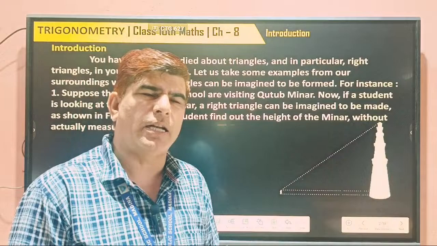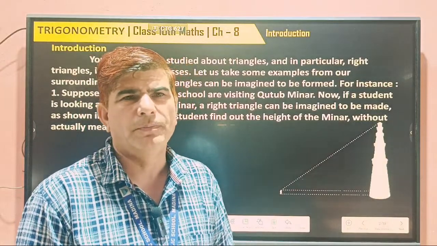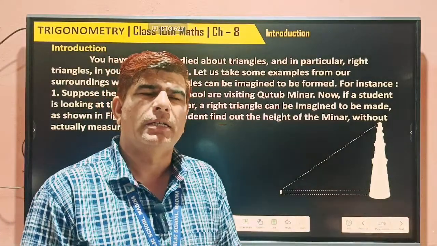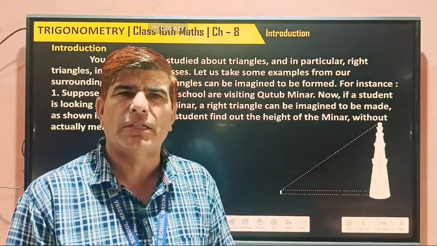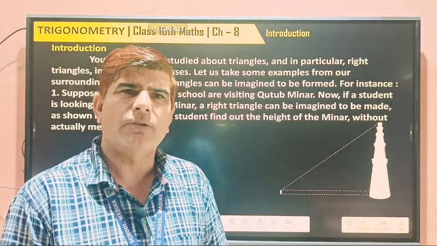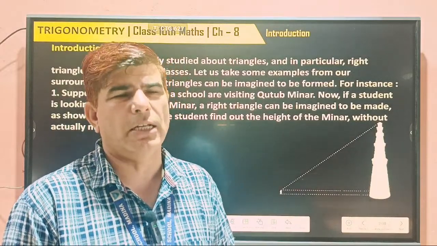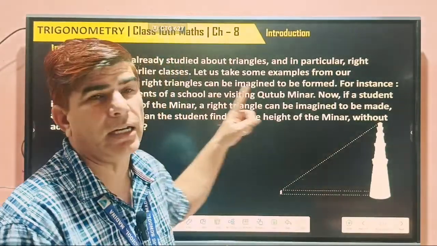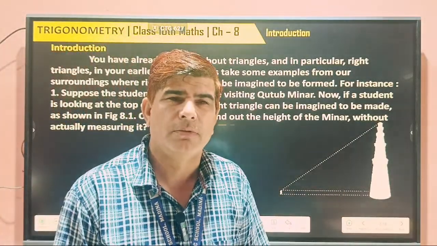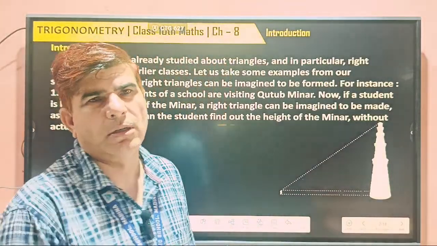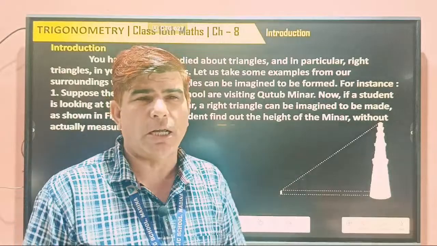Scalene triangle is that triangle whose all sides are unequal. Right angle triangle: if one angle of a triangle is 90 degrees, then that triangle is known as a right angle triangle. First I tell scalene triangle, then I will tell isosceles triangle. Isosceles triangle is that triangle whose two sides are equal. Equilateral triangle is that triangle whose all sides are equal. And according to angle also three types of triangles.